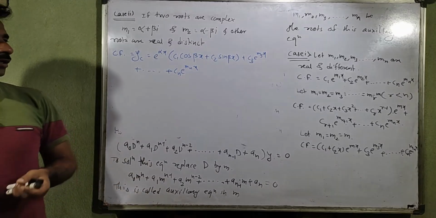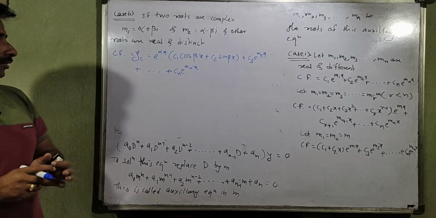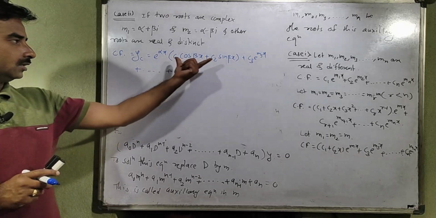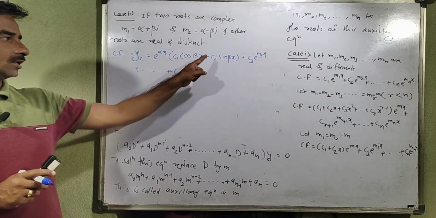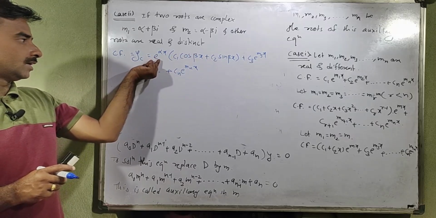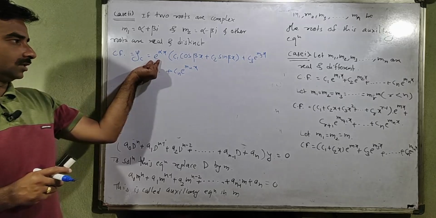Okay, what does it mean here? When two roots are complex, we take c1 cos beta x + c2 sin beta x, and it is multiplied by e^(alpha x).